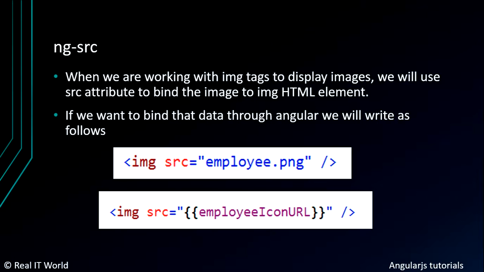So under those conditions, the src attribute may fail to load the image. To overcome those failures, it's better to use the ng-src attribute. If you are binding data through AngularJS, it's better to go for ng-src.